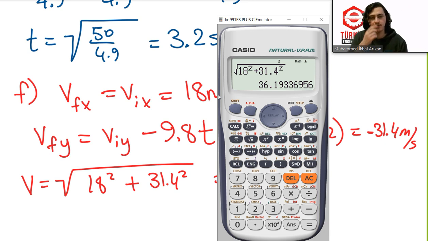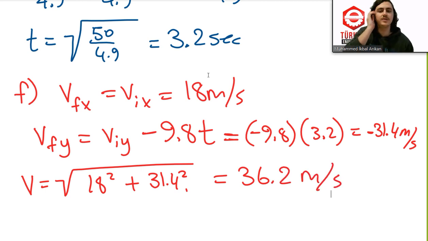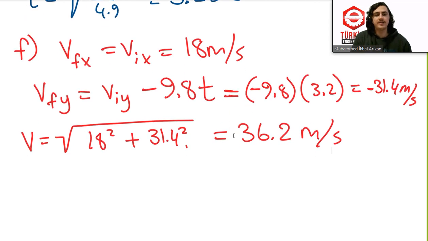So it is 36.2. Actually this is the speed, because it's just magnitude, so it is our speed when it hits the ground.